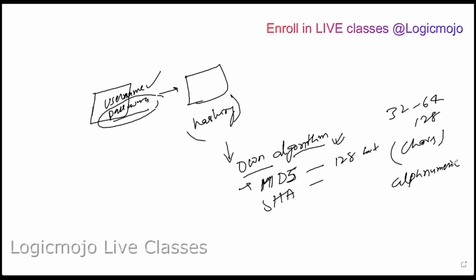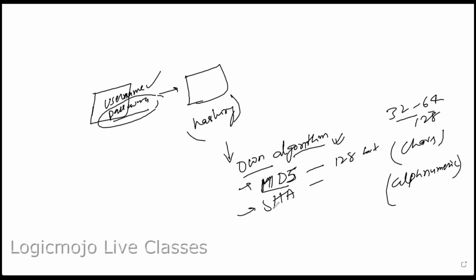Yeah, we are good. So we will be generating a message digest using MD5 and SHA, something like 32, 64, or 128 alphanumeric characters. If you are not aware of MD5 and SHA, read about them. These are called message digest algorithms, and SHA is the secure hash algorithm.